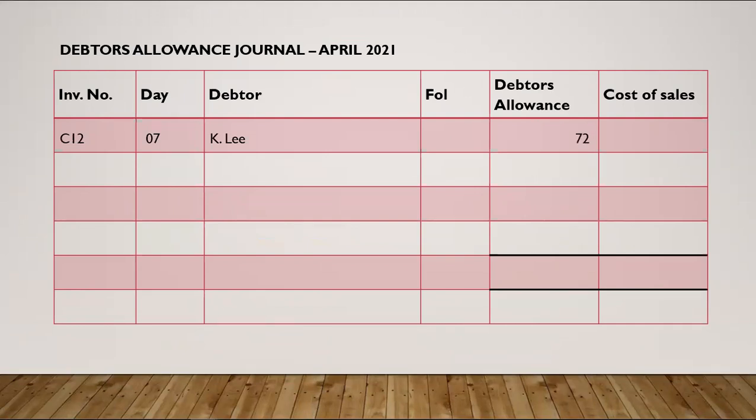Folio will be DL. It's 72. So how do we get the cost price? To get this cost price here, I'm going to take the 72 times it by 100, divided by 120. And that'll give me 60 rand. Okay.